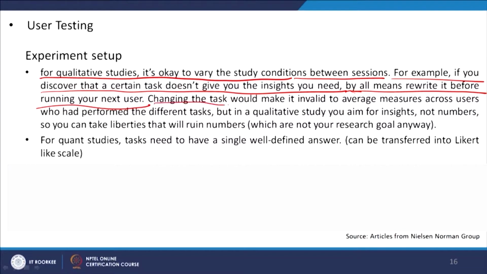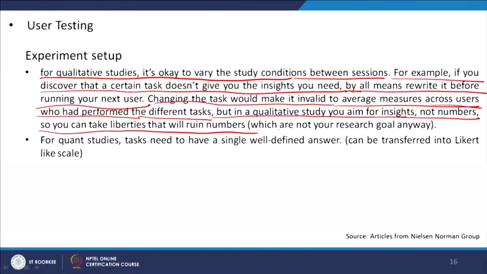Changing the task would make it invalid to average measures in a quantitative technique across users who performed different tasks. But in a qualitative study, you aim for insights, not numbers. So you can take liberties that will ruin the numbers, but you will get a different point of view.